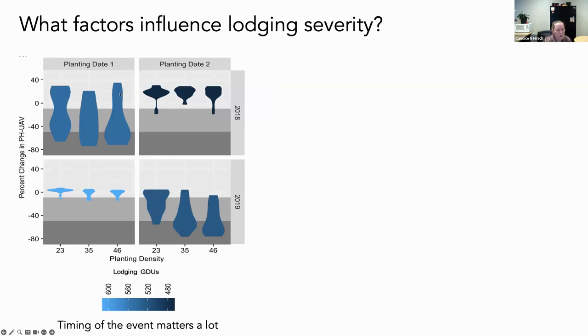And so what we see is planting date 1 in 2018 had very severe lodging, planting date 2 in 2019 had very severe lodging. And if we overlay these colors by GDUs or GDDs, what we see is that these were at about the same number of GDUs accumulated when these events happen. And so it's a very vulnerable point in time for the plants to have a strong wind event.